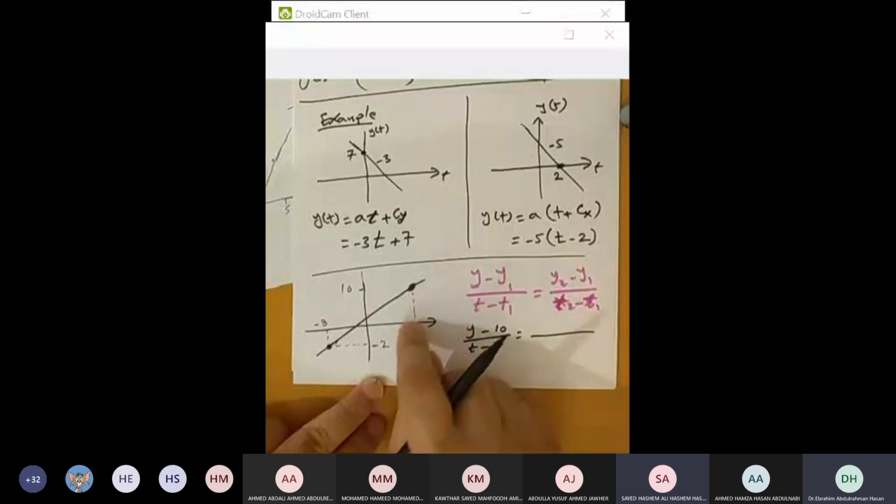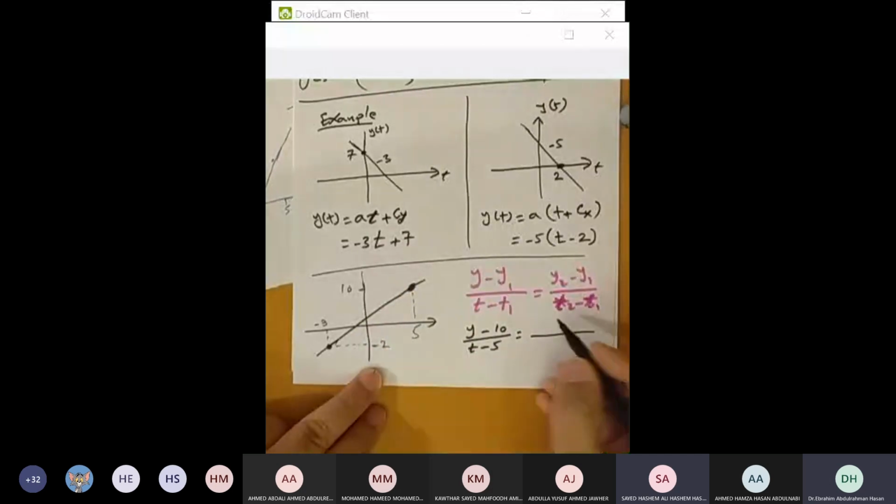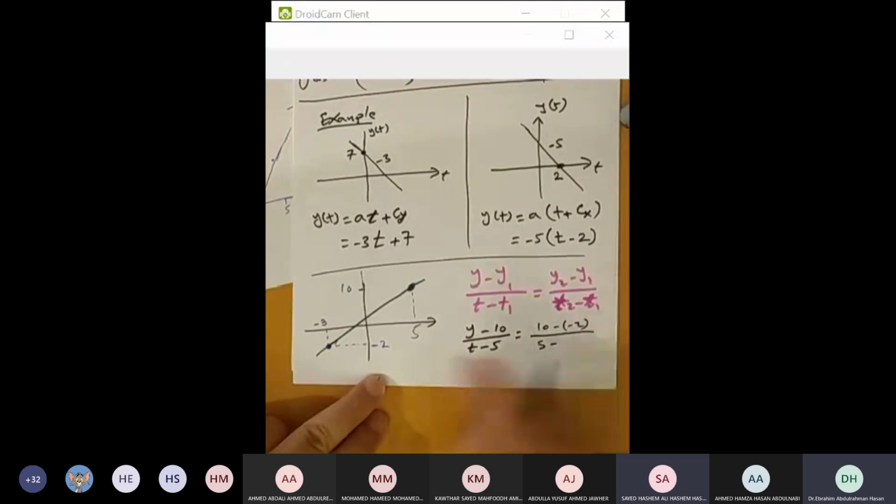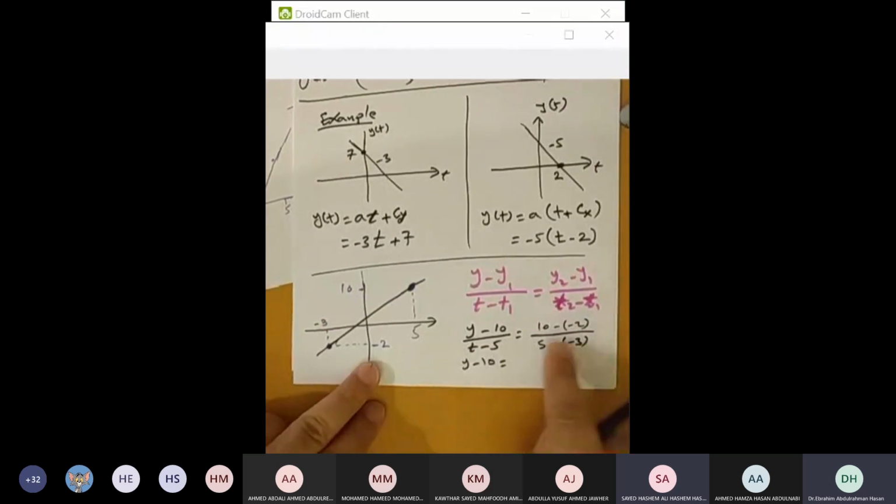Okay, so then delta y is 10 minus minus 2, divided by 5 minus minus 3. So then y minus 10 equal to, from here, 12 divided by 8, which is 3 divided by 2, multiplied by t minus 5.